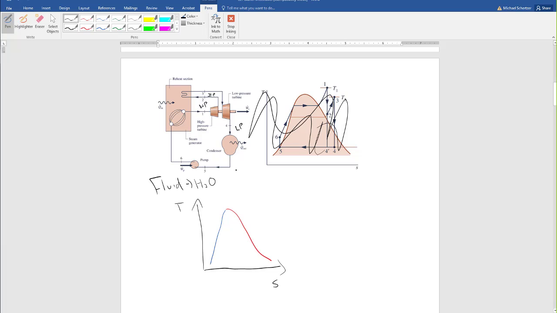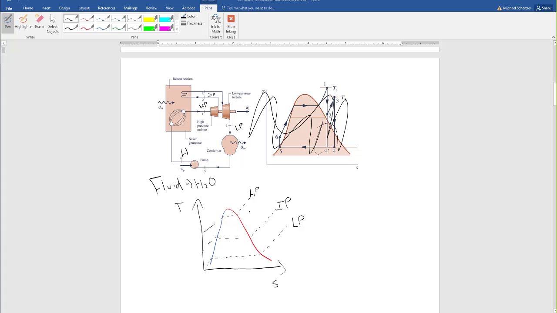It stays at this low pressure until we get to the pump, and we're high pressure again. So here I have to draw 3 constant pressure lines. This is going to be my low pressure line. This one is my intermediate pressure. And this one is my high pressure.